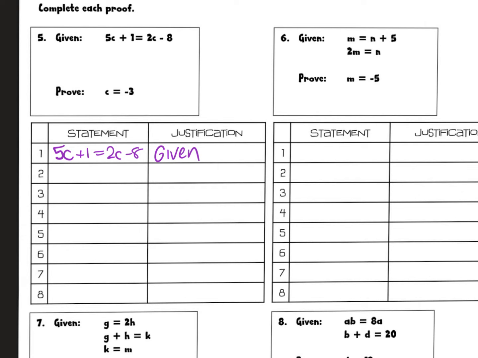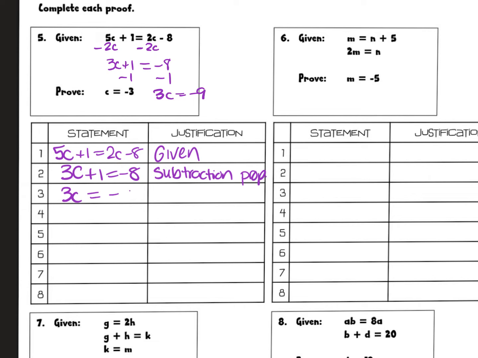All right, so we'll start with number 5. Right, so we start with 5c plus 1 equals 2c minus 8. We will subtract 2c from both sides to get 3c plus 1 equals negative 8 as our next line. And to get that, we subtracted 2c. Okay, now we'll subtract 1 and get 3c equals negative 9, which is our subtraction property again.